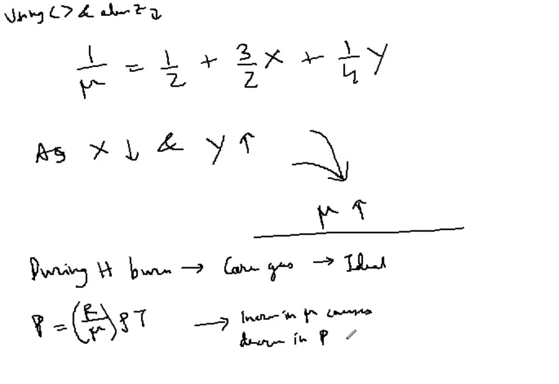Now this decrease in pressure results in contraction of the core and subsequent rise of density and temperature. So we have got that cycle, thermal stability kicks in, right? So decrease in pressure means the core contracts, then rho and T increase, right? So this means pressure is restored.